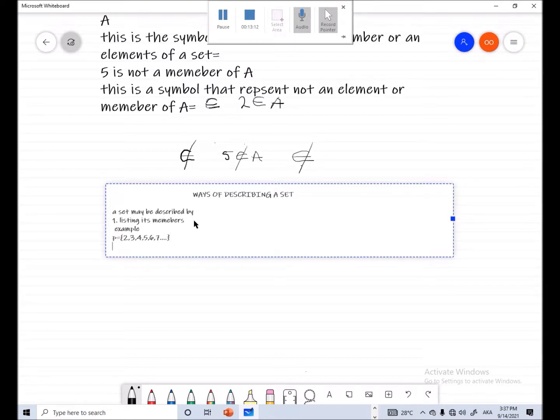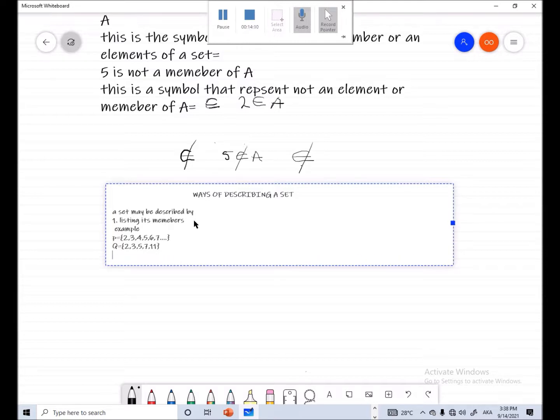Or we can also say Q, let's use Q, equals the list 2, 3, 5, 7, 9, or let's say 11.